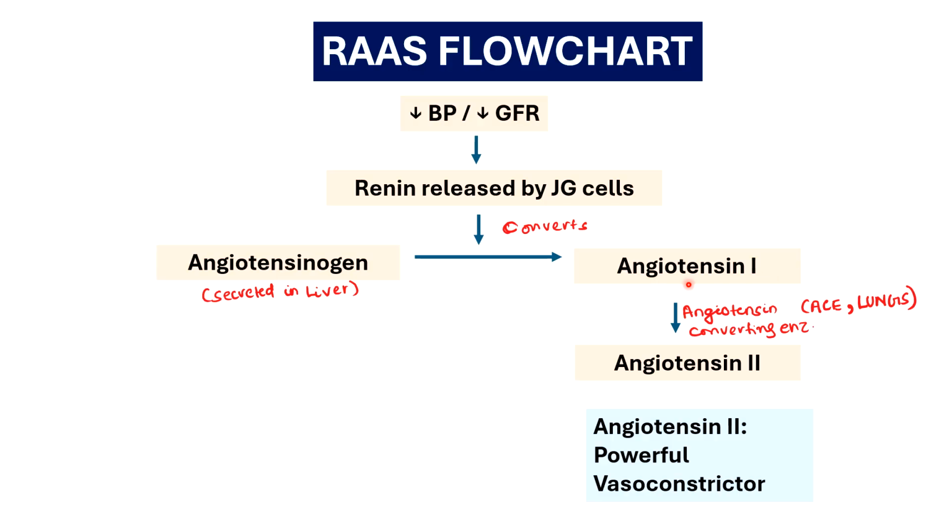Now this angiotensin 1 is converted into angiotensin 2 by the angiotensin converting enzyme, or ACE, that is secreted by the lungs. This angiotensin 2 is a powerful vasoconstrictor and it causes specific vasoconstriction of the efferent arteriole that we looked at in the previous slide. Now, are you clear about the entire RAAS pathway?